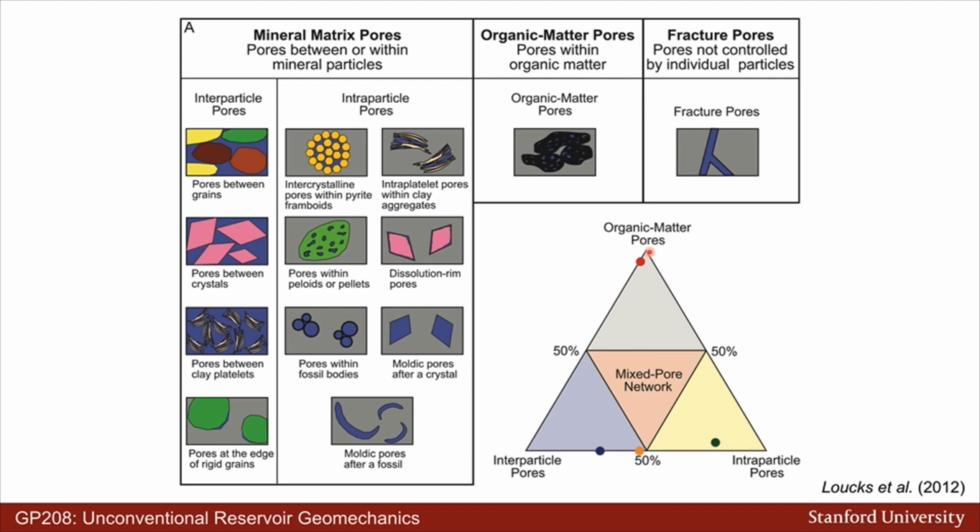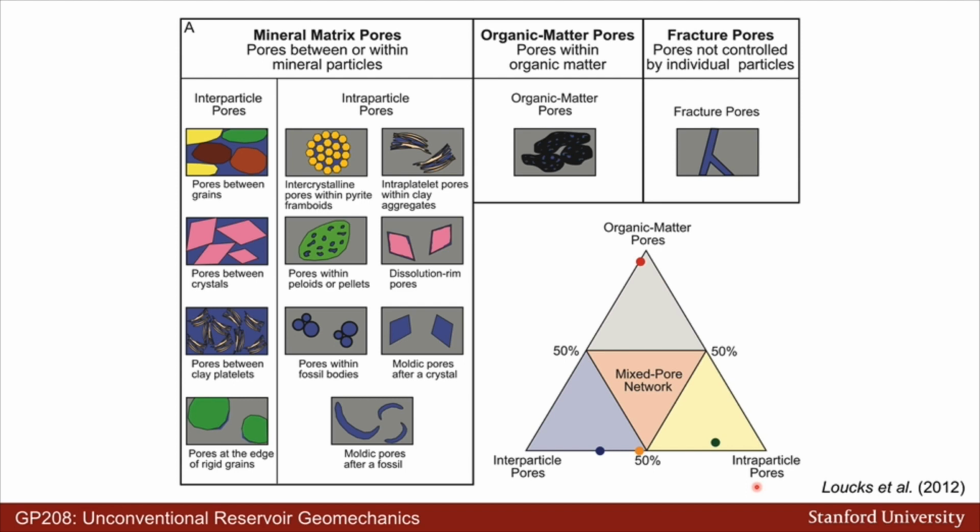So if we just consider, again, a ternary diagram like we have been, except this time the axes are pores in organic matter, pores that are interparticle, pores between different particles, and pores that are intraparticle, pores within certain particles. Using this classification, we can see a range of different things in the rock.